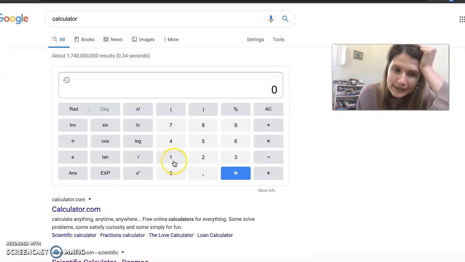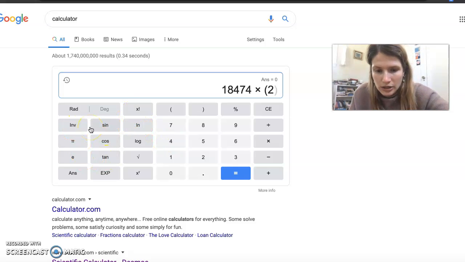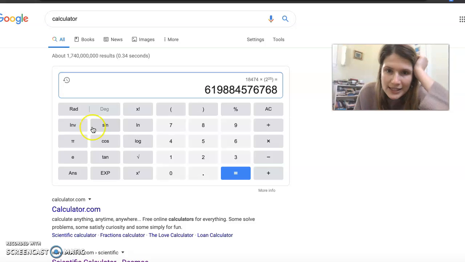So it's 18,747 times, let's not forget our parentheses, times 2 to the power 25, close parentheses, and there is our very long answer. Ooh, that's very long.